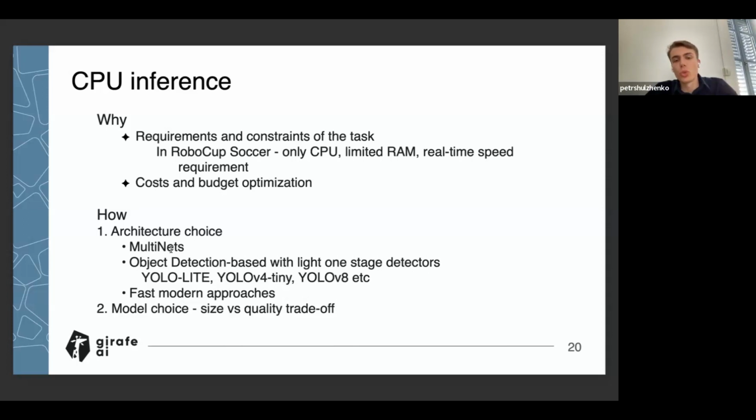After that, you should also wisely choose your model in this architecture zoo. Of course there are plenty of variants of each architecture, but here you should deal with the trade-off between size and the quality that you need. And actually, if you are running on CPU, most of the time you would choose just the smallest versions of the model.